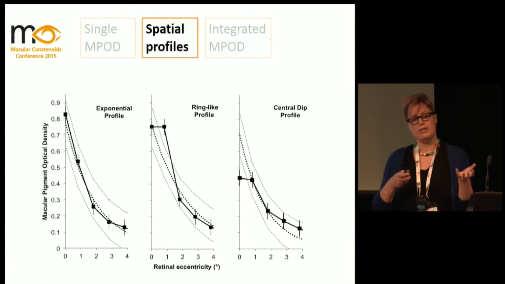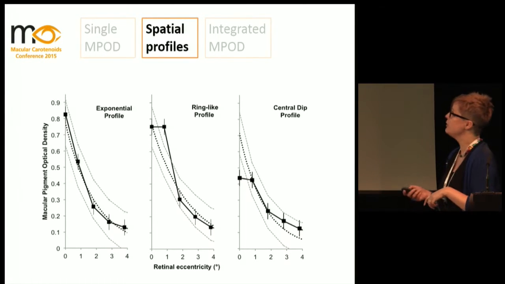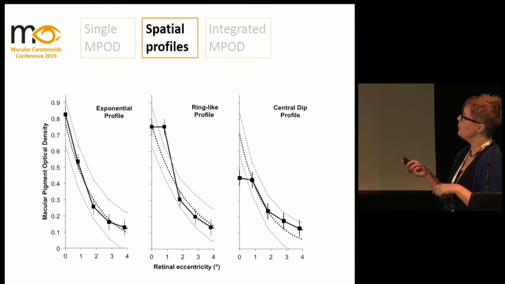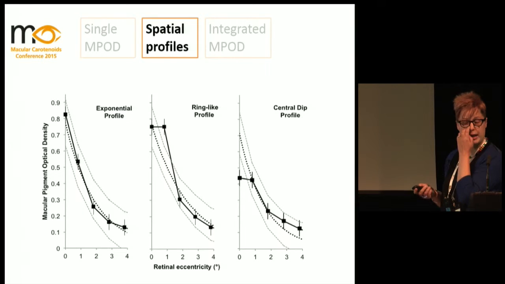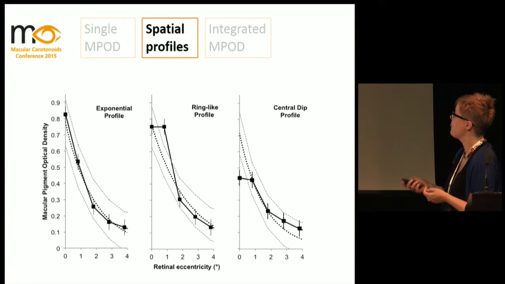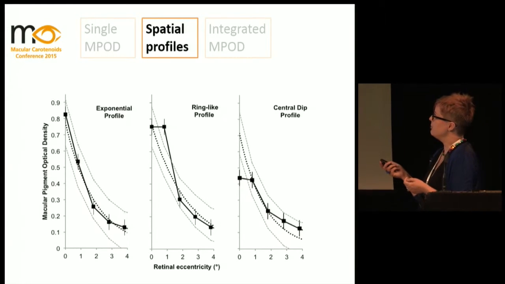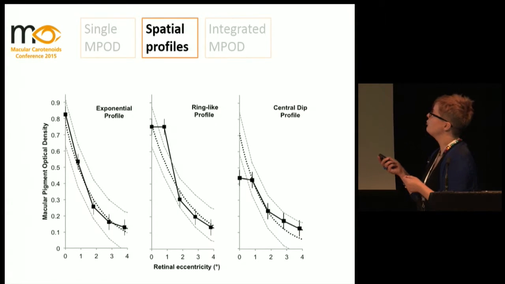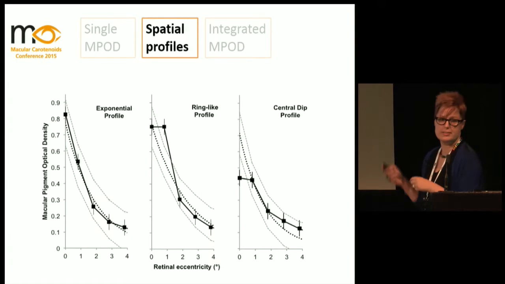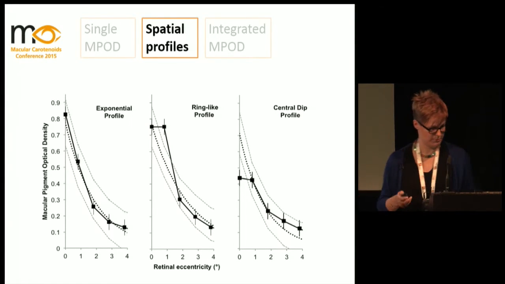We did that for HFP, and obviously for FAV. When the macular pigment was more than one coefficient of repeatability away from the exponential fit, we classified this as a ring-like profile or a secondary peak. And if the macular pigment at 0 for HFP or 0.1 for FAV deviated more than one coefficient of repeatability below the exponential profile, we called that a central dip.